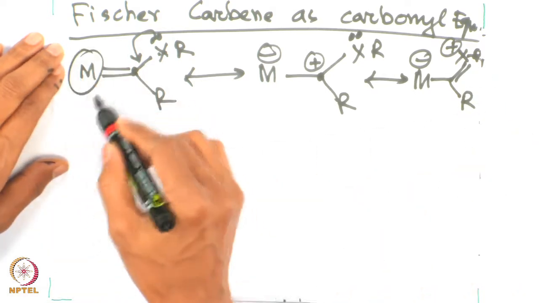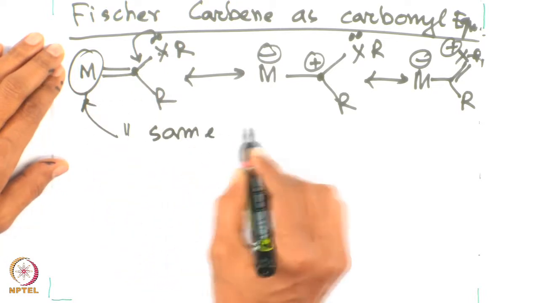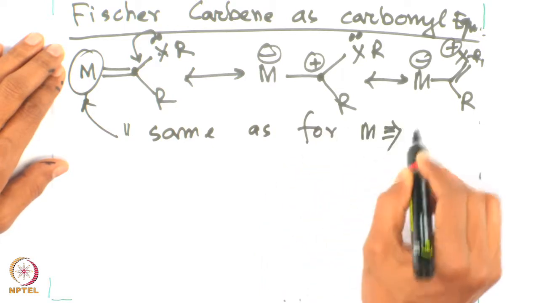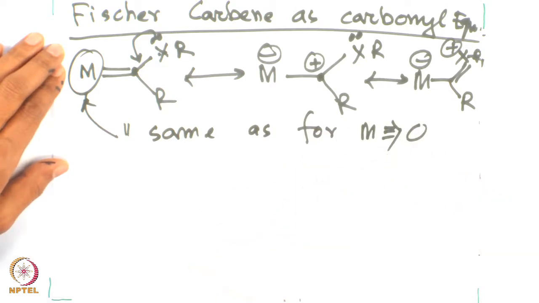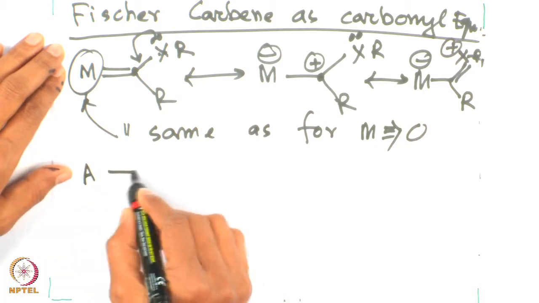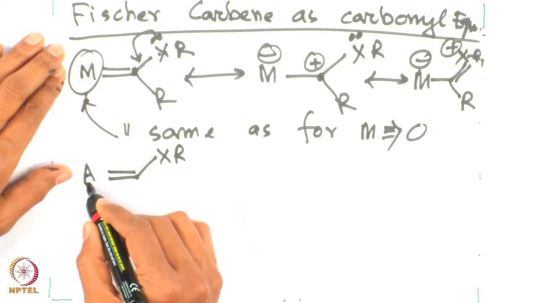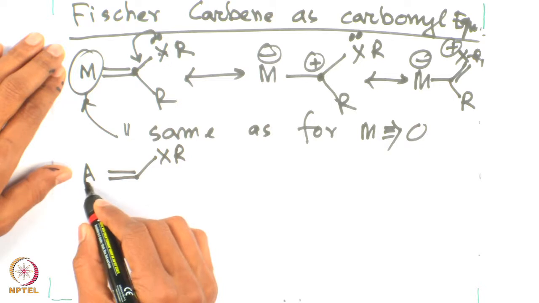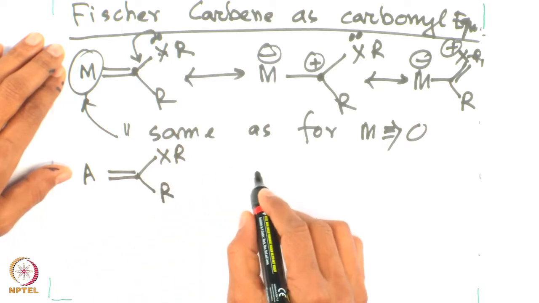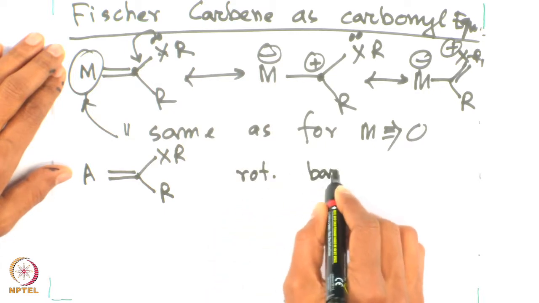So, this metal center, as it turned out, is the same as for M equals O, when you want to put it as oxo, that means ester or amide. Now, we will compare, let us say we put it A double bond XR, where A could be oxygen or metal. We are trying to compare with ester, and we will try to see the rotational barrier.